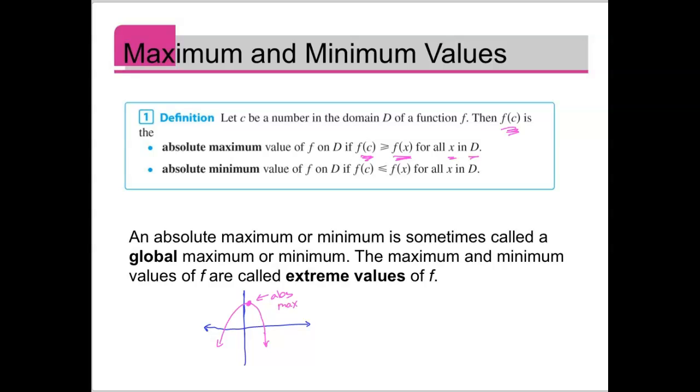And then an absolute minimum is the opposite. So f of c is an absolute minimum if it's less than or equal to f of x for all x in D. And so that would just be like, whoops, the opposite of that.